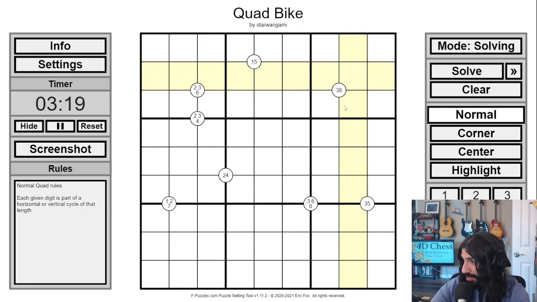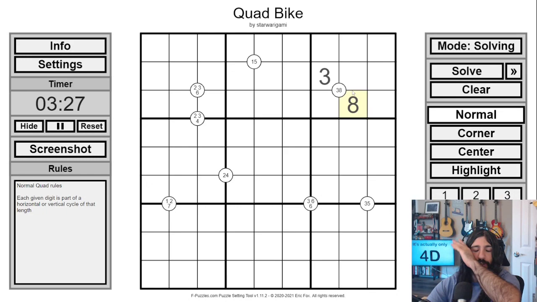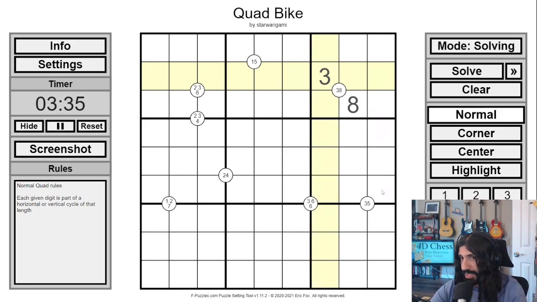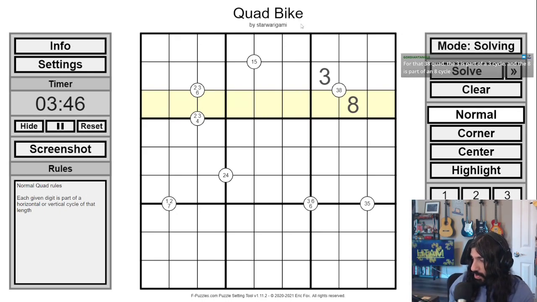So in other words, let's say this is a 3 and this is an 8, for example, then this 3 is part of either a horizontal cycle of length 3 or a vertical cycle of length 3. In addition, this 8 is part of either a vertical cycle of length 8 or a horizontal cycle of length 8. Those are all the rules.